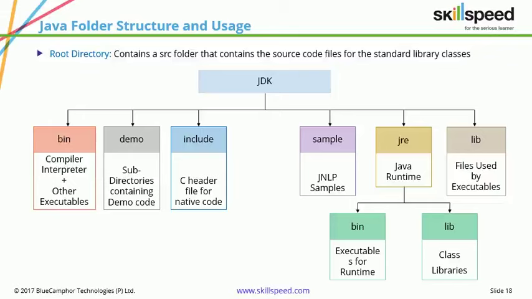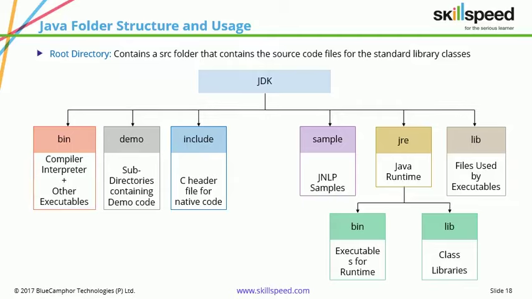The include folder will have C header files for native code. Java is actually implemented in C, so it contains the C header files for its internal code. Then the sample folder will have some samples called JNLP samples.